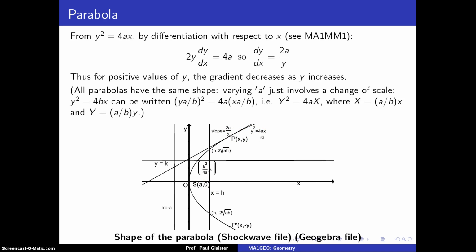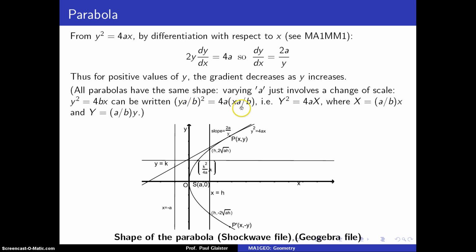So for example, if we take another parabola, y squared equals 4bx, for a value b which is not the same as a, which will have a focus at (b, 0) and directrix at x equals minus b, we can, by multiplying this expression through by a suitable ratio of a over b, obtain this equation. This is exactly equivalent to this. You can check that by multiplying it out.